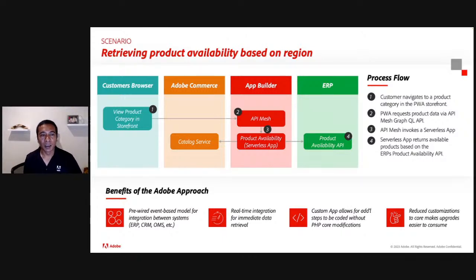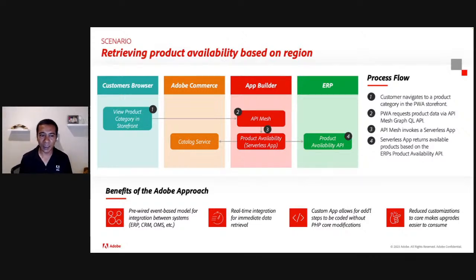So once again, here, what you could do is, let's say a customer lands on a product category page, which is essentially a listing of products within the category. Now the storefront can send a request to API Mesh, and the API Mesh then could actually call a serverless app sitting in App Builder.